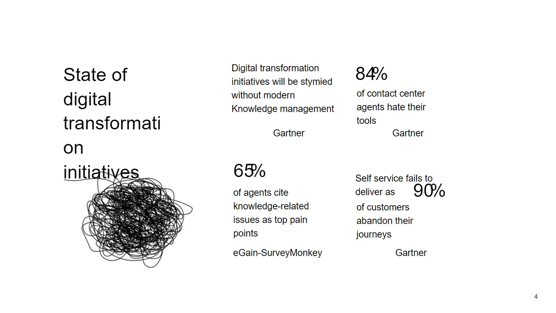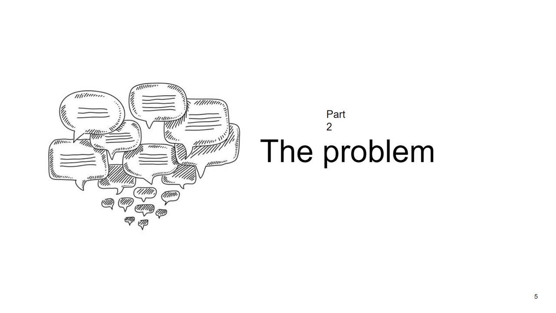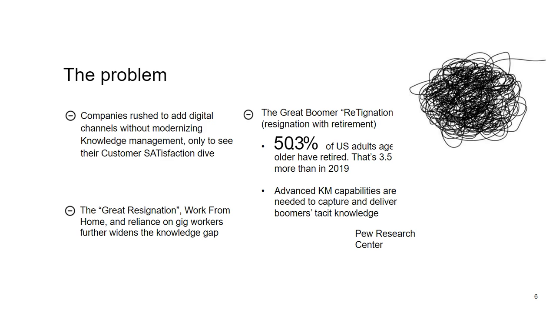And then if you got the customer coming to the web self-service site, again, you're seeing the same problem, right? Self-service was resulting in 90% of them abandoning their journeys on the website because they're saying, this is not really telling me what I need to know. And that's not very good if you're a CIO or a CTO, right? It's definitely a problem.